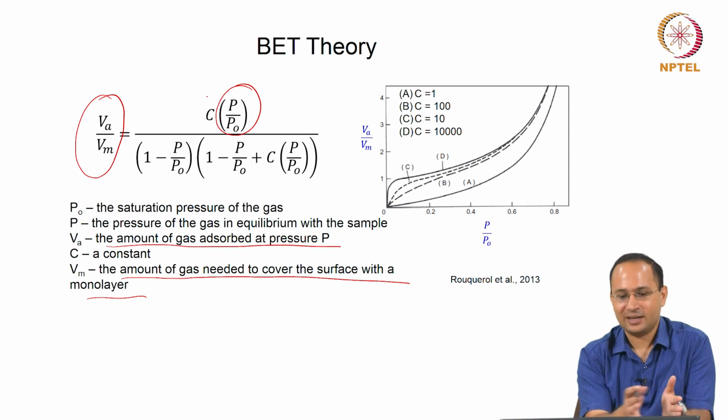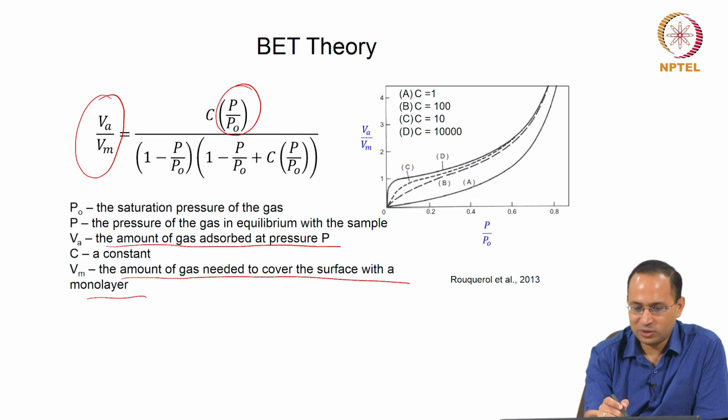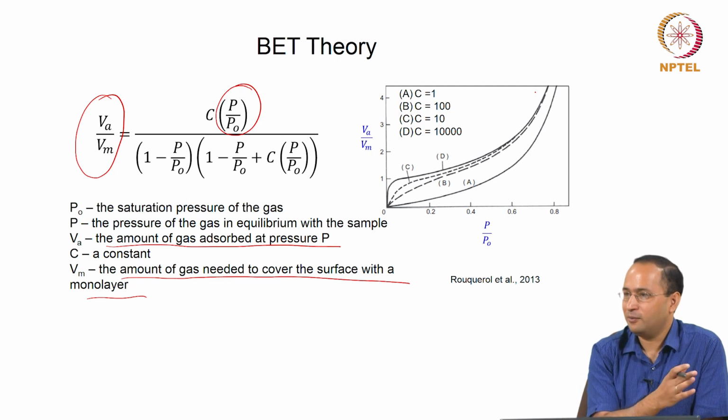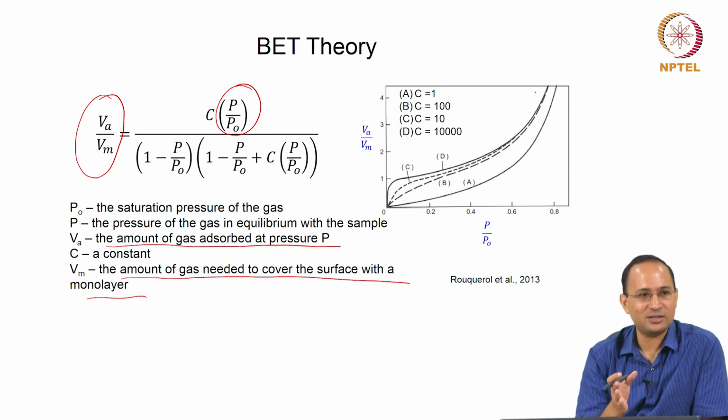So, this relationship could explain the trend. If you plot it based on the C value, where C is the constant here, you get this kind of isotherm. So, they were able to explain isotherms like type 2. That is why it is called an extension of Langmuir theory.